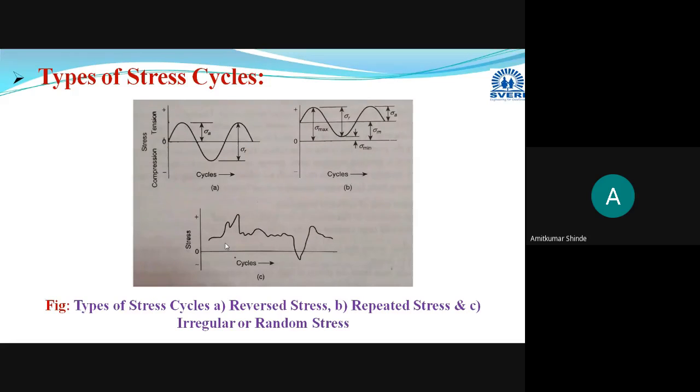Even if a component has a higher tensile strength value, it may still fail at lower stress values due to this fluctuation in the stresses. And why is this happening? These are rotating components.